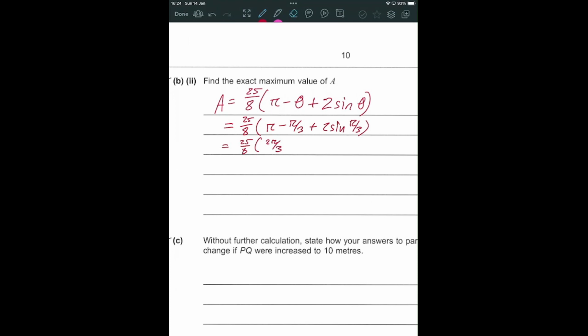Pi minus pi by 3. I'm going to make sure that I write it so it's not ambiguous. Now sine of pi by 3 was root 3 over 2. And the extra 2 in front means that's just plus root 3. I'm debating with myself how much I want to expand or indeed refactorize.